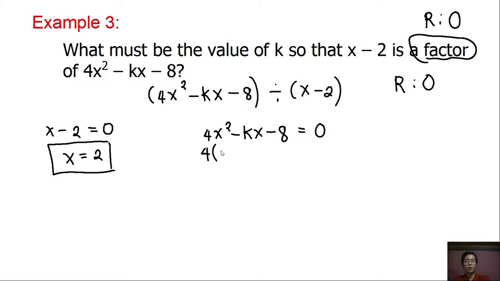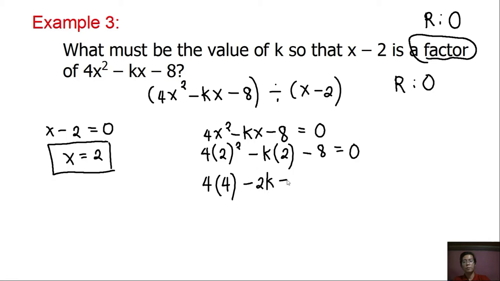Okay, so 4 times 2 squared minus k times 2 minus 8 is equal to 0. 4 times 2 squared is 2 times 2, so that's equal to 4. Negative k times 2 is equal to negative 2k minus 8 is equal to 0.